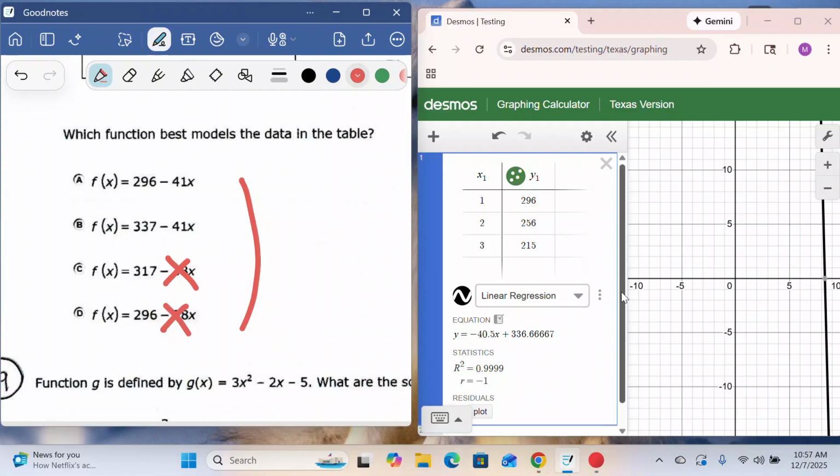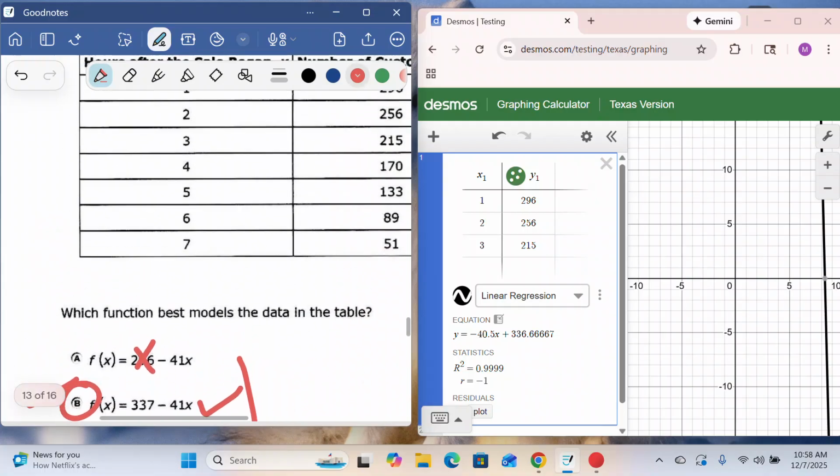If I look at the last number right here, it is positive 336. This number's wrong. This number is wrong. So the only answer choice is B. And remember, 336.66667, this one is the only one that could be as close as possible to that. So we have a double check there. So that's the answer for that one.